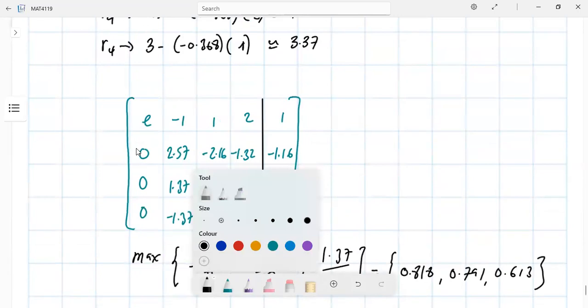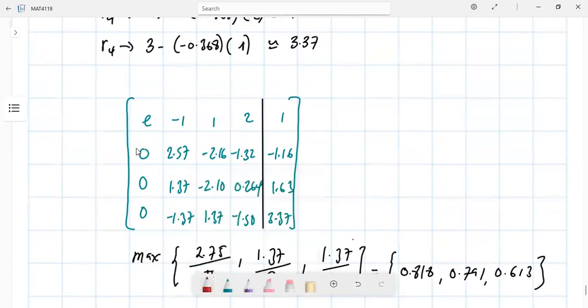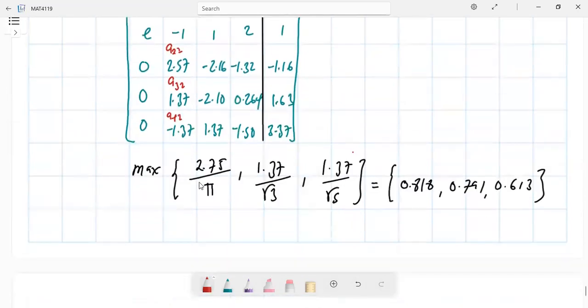So you notice that here, this is the code A22. Remember, this is A22. Second row, second column. Third row, second column. Fourth row, second column. So from these guys, this is A22. This is A32. This is the A42.